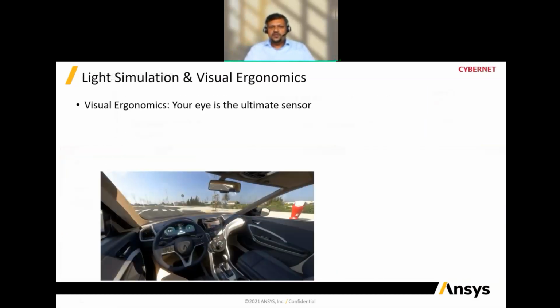So the main aspect in this product or the application is the visual ergonomy. This is basically to see how the product will be perceived by the human eye. There is a lot of difference between a photo taken of a product or of an environment or of the surroundings, and the way the human eye perceives.